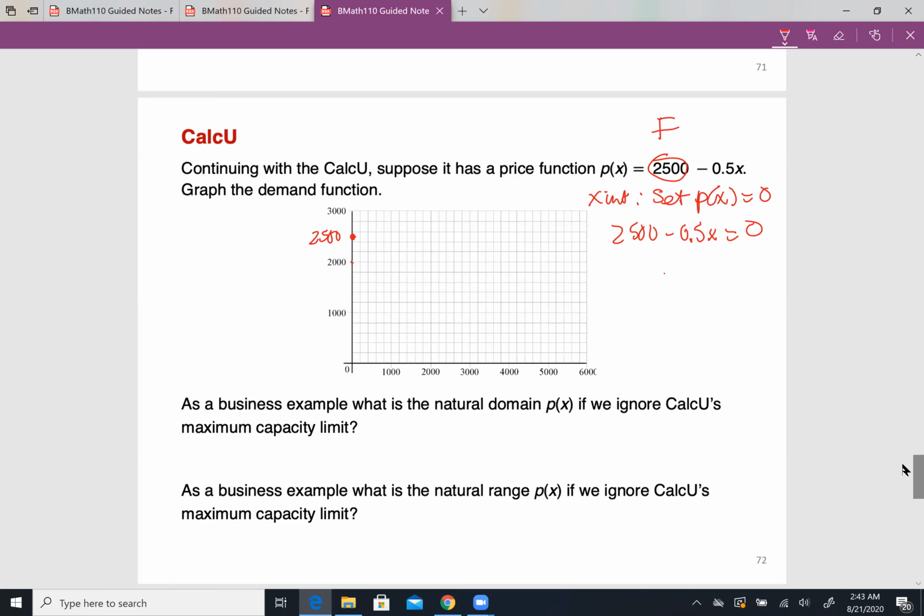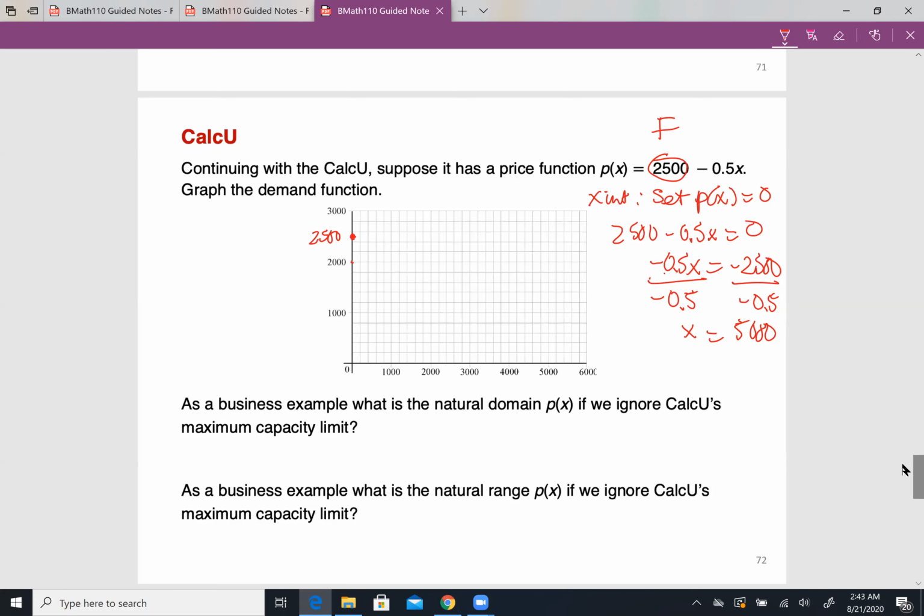I subtract 2,500 from both sides and get negative 0.5x equals negative 2,500. Then divide both sides by negative 0.5, so I have x equal to 5,000.